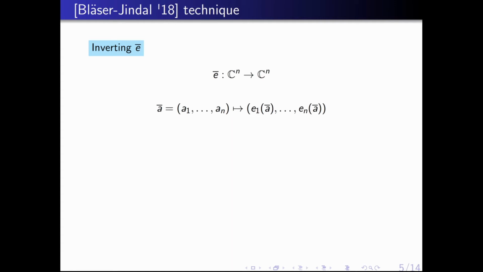Now what do you mean when you say inverting this map? That means if we are given any point in Cn, call it B bar, can we find a point A bar such that when we compute E1 of A bar, E2 of A bar, up to En of A bar, that precisely gives us B bar?